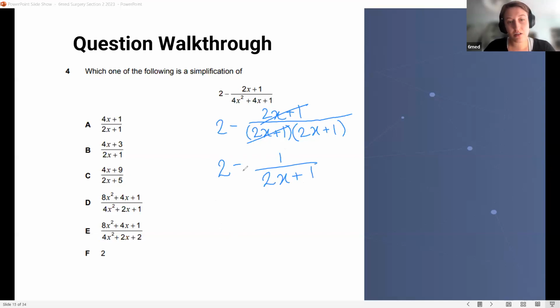So I'm going to essentially rewrite 2 as 2 times 2x plus 1 all divided by 2x plus 1. So that hasn't changed the value because 2x plus 1 divided by 2x plus 1 is just 1. So you're essentially timesing 2 by 1. So that hasn't changed the value, but it does mean that I'm going to be able to combine these fractions.